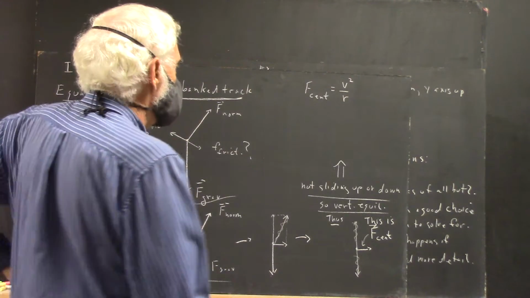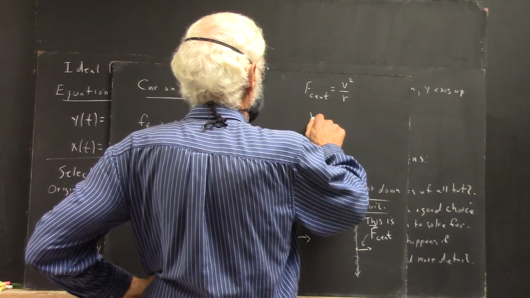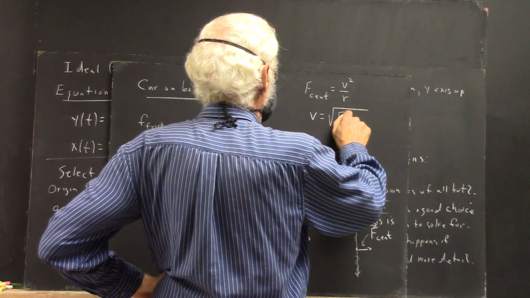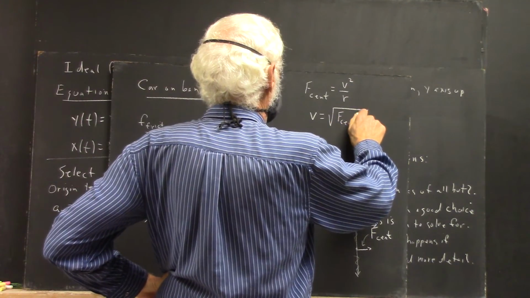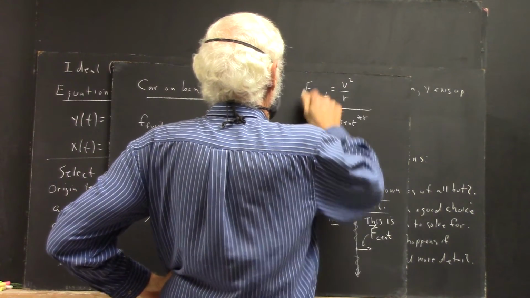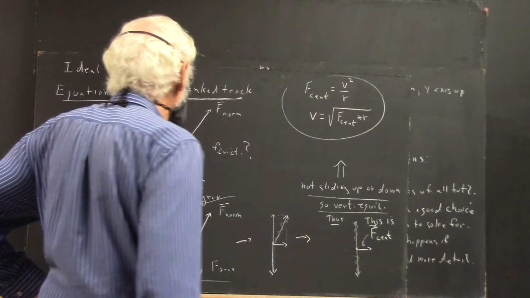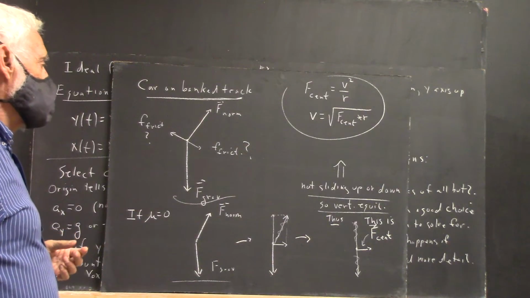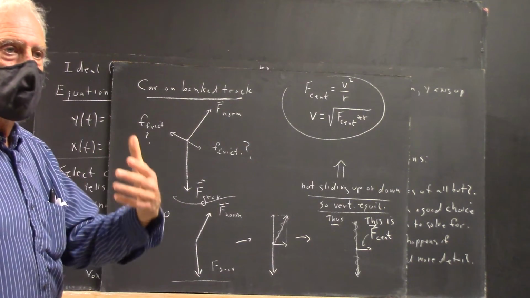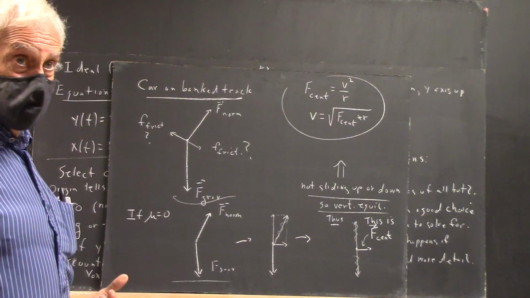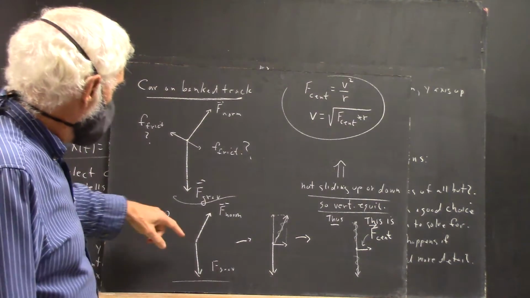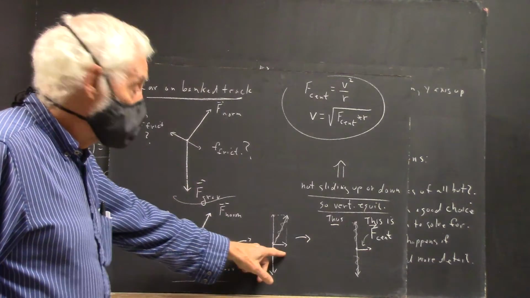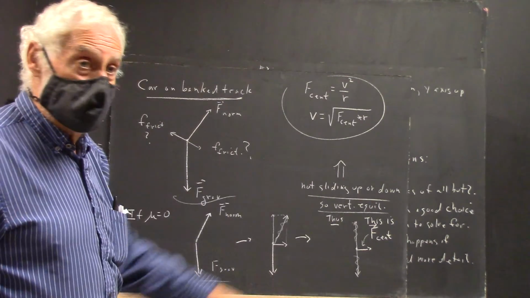So we have this. Now, if you know your angle, then you can calculate your normal force, and you can calculate this component of your normal force, so you calculate the centripetal force.